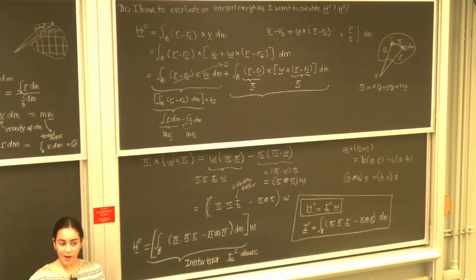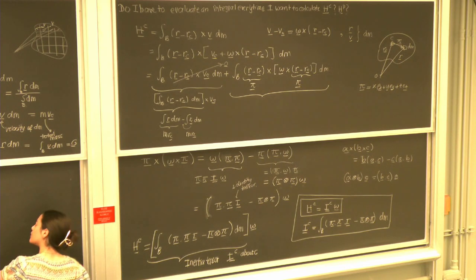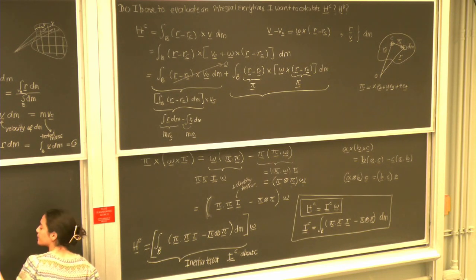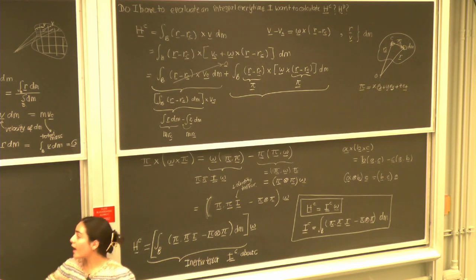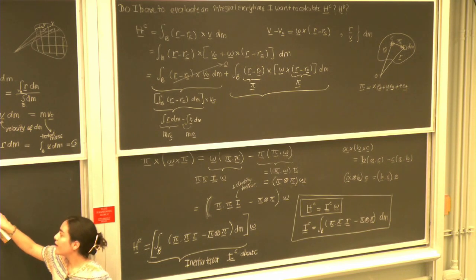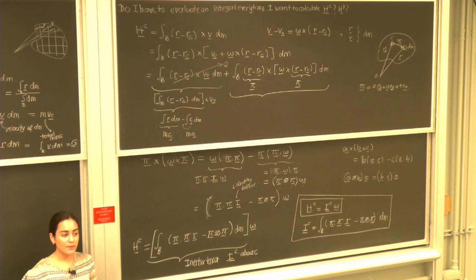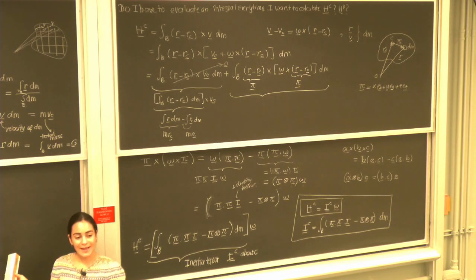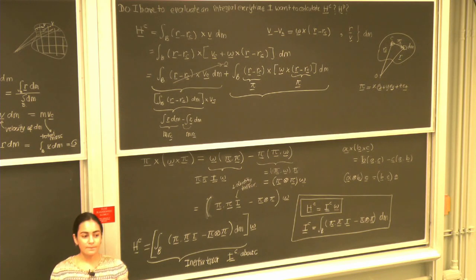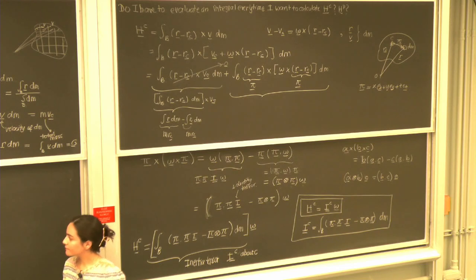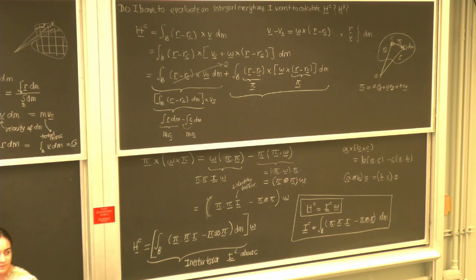So let me ask you a question. For some differential mass dm, do the quantities x, y, and z change in time for some fixed dm? Do they? So this is my pi.